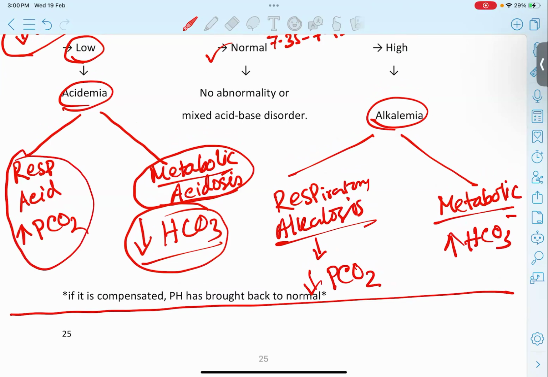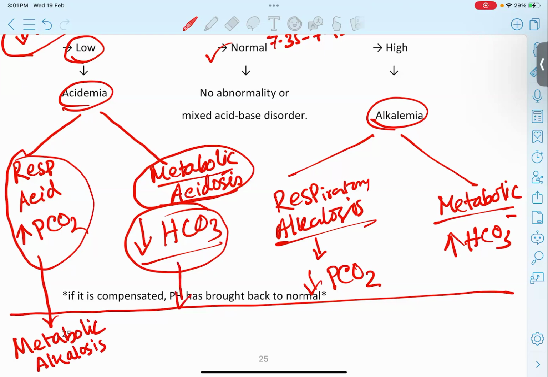So if someone is having respiratory acidosis, compensation will be done by metabolic alkalosis. Respiratory's opposite is metabolic, acidosis's opposite is alkalosis.